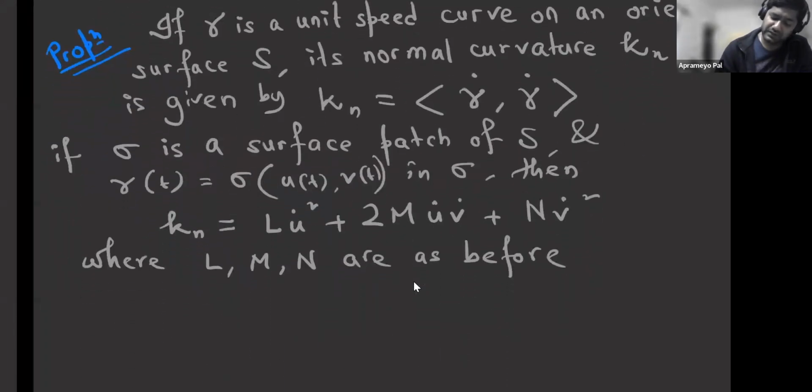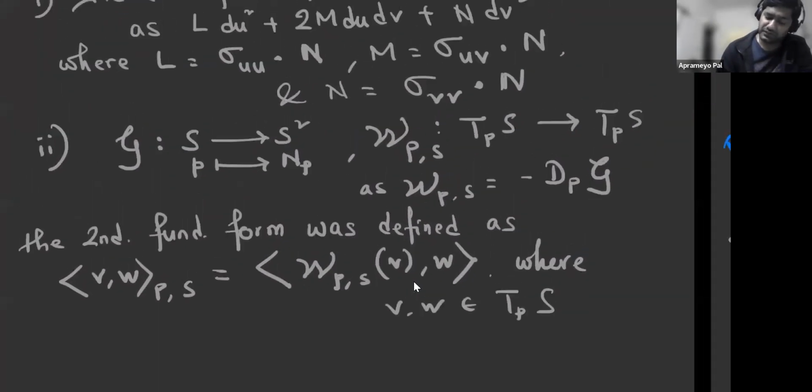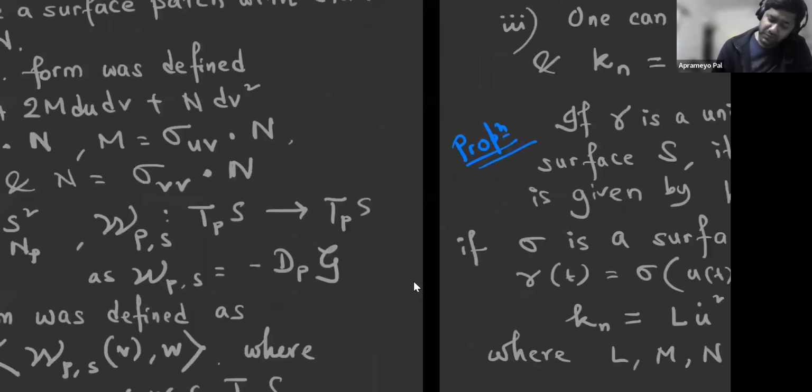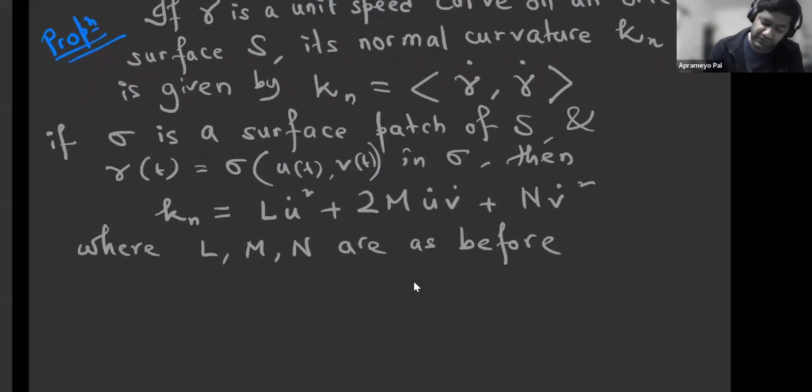This is just this L, m, n. Good. So that's the proposition we ended with, and let's try to prove this.